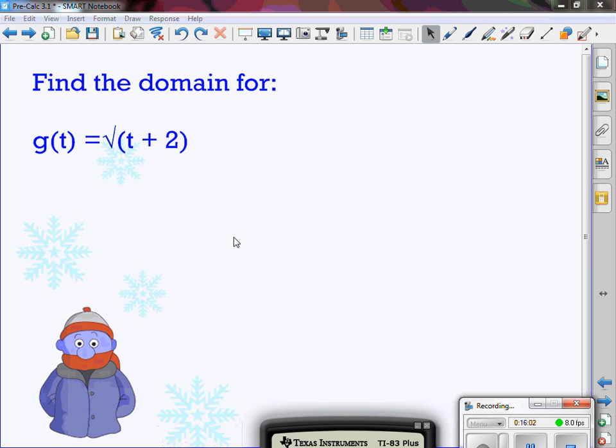Can't take the square root of a negative number. So the domain is x has to be greater than or equal to negative 2, because negative 2 gets me 0, and the square root of 0 is 0. No, because negative 2.99999 doesn't work. That's why, because you have to think you have all the decimal points past it.